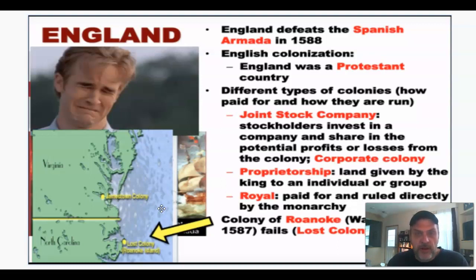Historians believe that the colony lasted for anywhere between 1 or 2 or 3 months, and because of the weather, the lack of food and whatnot in the environment, many of the colonists died or ran into American Indian tribes and things like that. So no one really knows what happened to the lost colony of Roanoke. But technically, that was the first attempt at English colonization here in North America.